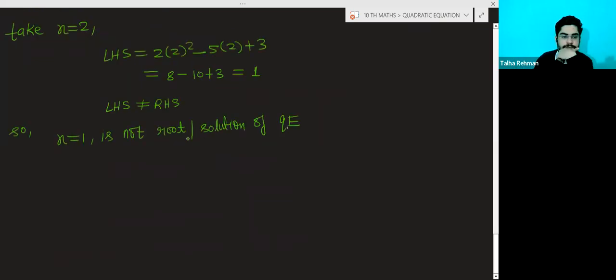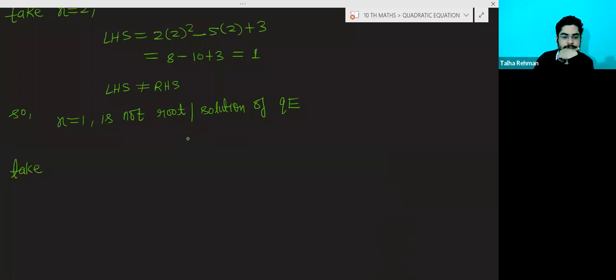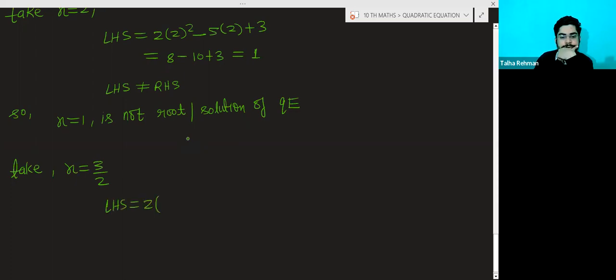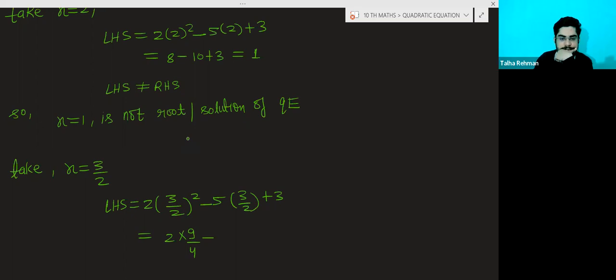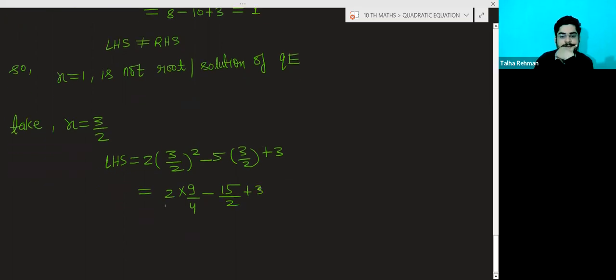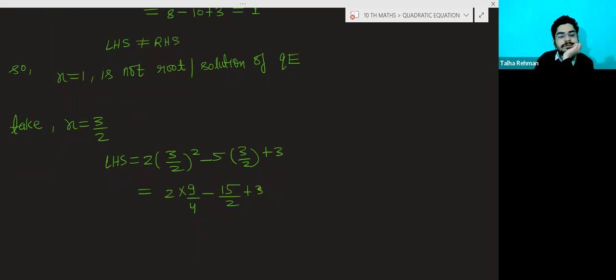Just take another value. Take x is equal to 3 by 2 and put it in that quadratic equation. 2 into 3 by 2 square minus 5 into 3 by 2 plus 3. So it is 2 into 9 by 4 minus 15 by 2 plus 3. You can take the LCM.